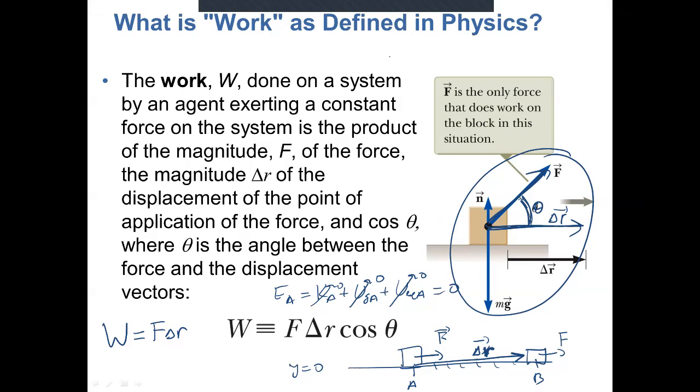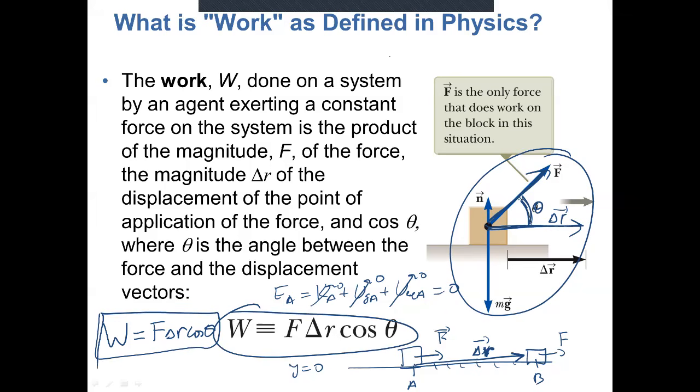Then you multiply F times delta r times cosine of theta. So this equation represents the magnitude of the force times the magnitude of the displacement times the cosine of the angle between the force and displacement vectors.